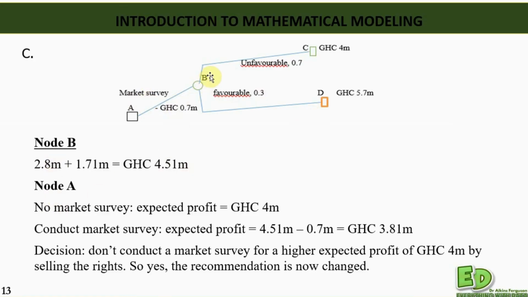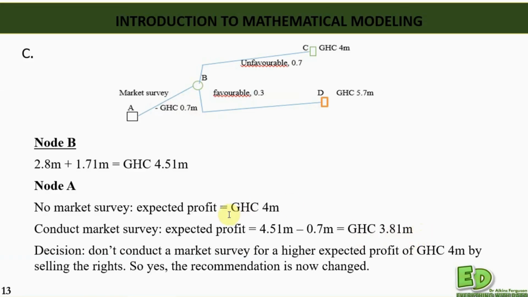Then node A will be 4 million. So with no market survey, based on node A, the expected profit is 4 million. To conduct a market survey, the expected profit will be 4.51 million minus the cost of 0.7 million, which gives us 3.8 million.